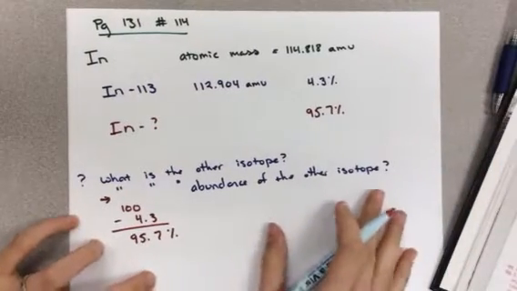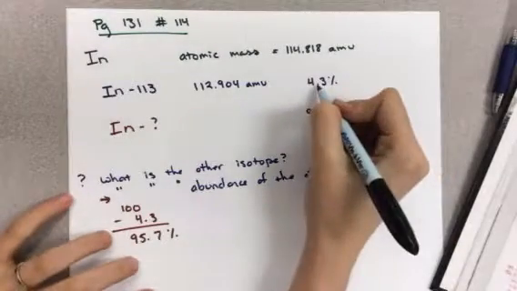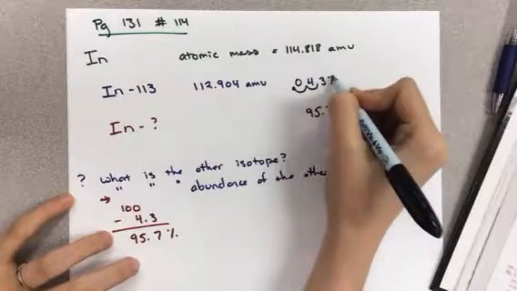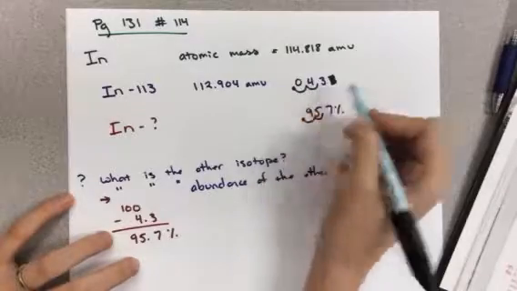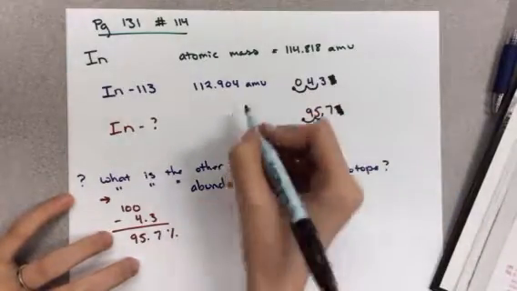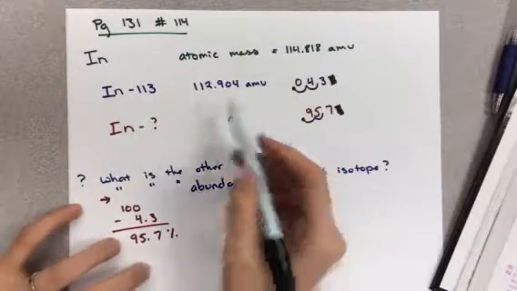Okay. Now we're going to have to work in reverse. First thing we do is, again, move that decimal over so that we get rid of our percentages for here too. Now we have 0.043 and 0.957. All right, and again, this is X. We don't have that yet.